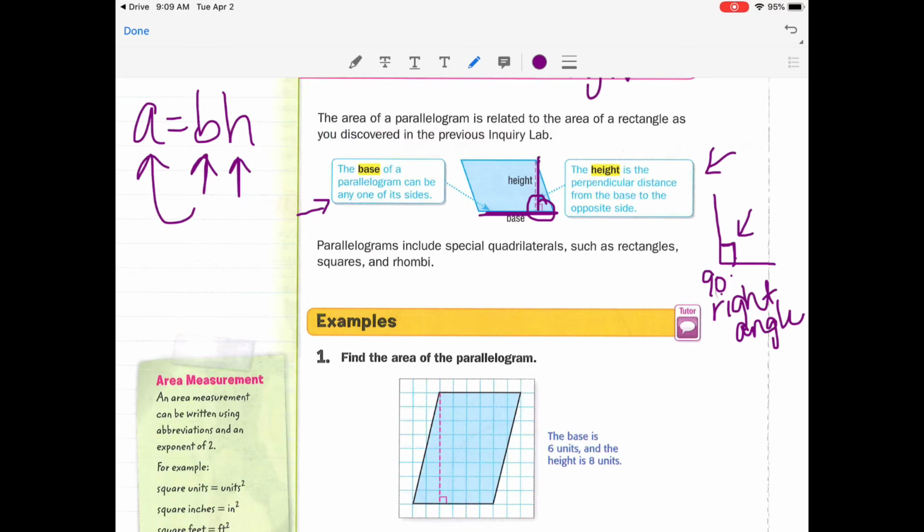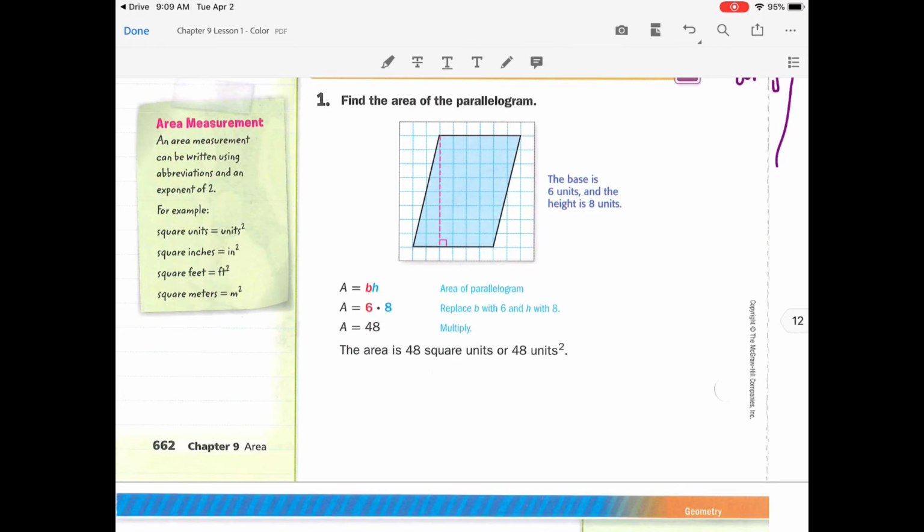All right, let's take a look at this example down here for number 1. Okay, it says find the area of the parallelogram. Again, you always need to write the formula. Whatever you're doing, the first thing you have to do is write the formula. That way you know. So A equals base times height. So here's my base, and we're going to see how many units that is. 1, 2, 3, 4, 5, 6.